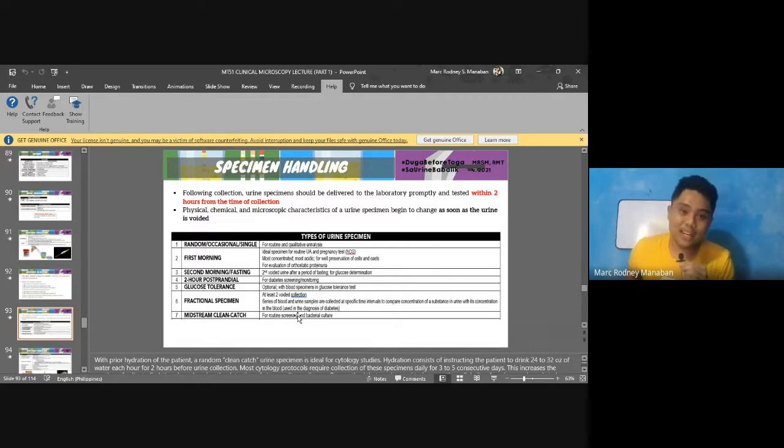Lisod kaayo mo instruct in English samot na sa mga patients. When you're assigned in public hospitals, of course, you are to expect that not all patients are English literate, and that they know how to speak English or can really converse well. So para murag neutral ra ta, wala tay away na makita dito, magbisaya ra kita.